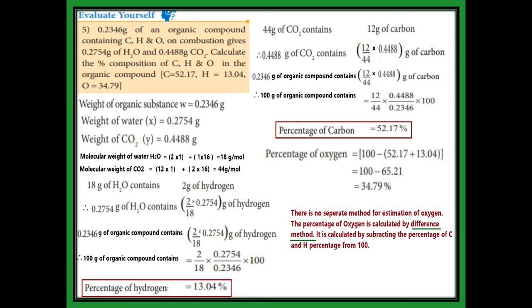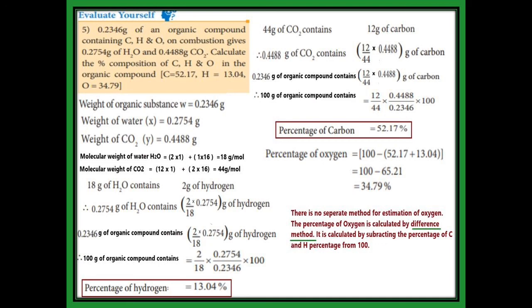This weight of carbon dioxide we get from the organic substance only, so we correlate this amount with 0.2346 gram of organic compound. Then 100 gram of organic compound, because we are finding the percentage, contains 12 divided by 44 into 0.4488 divided by 0.2346 into 100. After calculating we get the percentage of carbon as 52.17 percent.